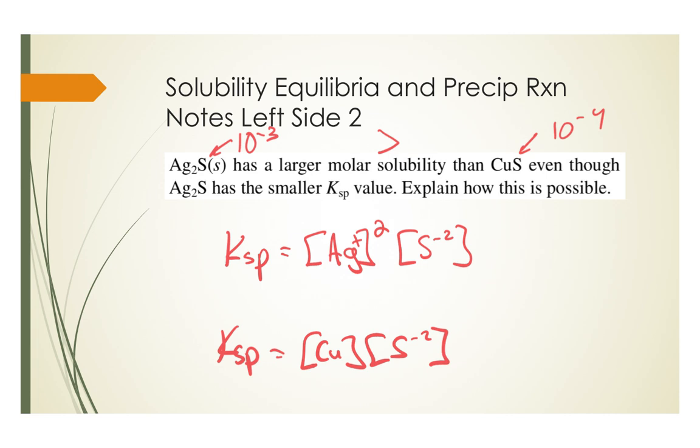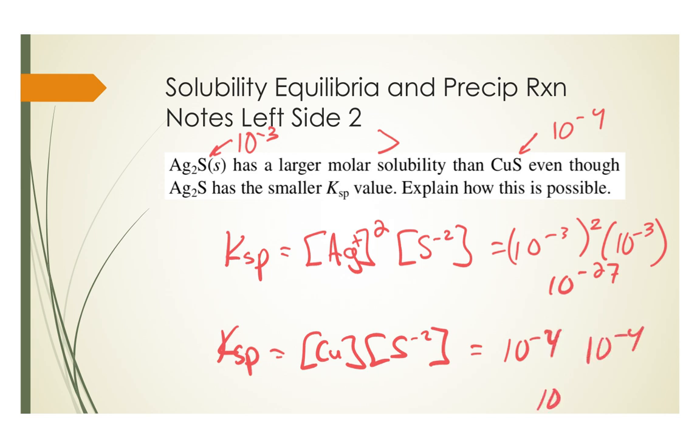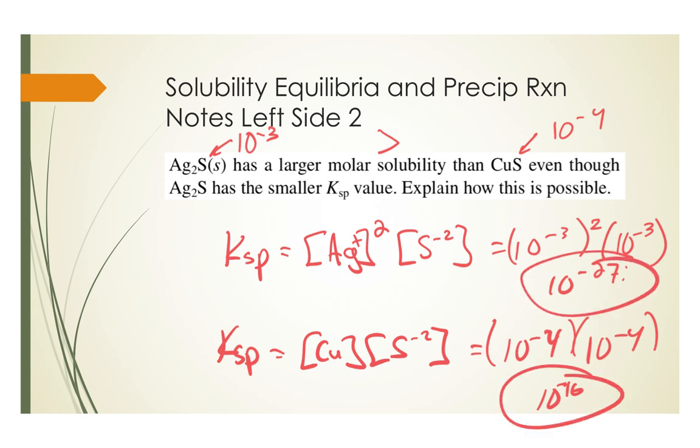But if I put those into the expression, this becomes 10 to the negative 3rd squared times 10 to the negative 3rd, which gives me 10 to the negative 9th. Whereas this one would be 10 to the negative 4th times 10 to the negative 4th, and that would be 10 to the negative 8th. So if we take those two things and look at that, the KSP of this is smaller than the KSP of that.